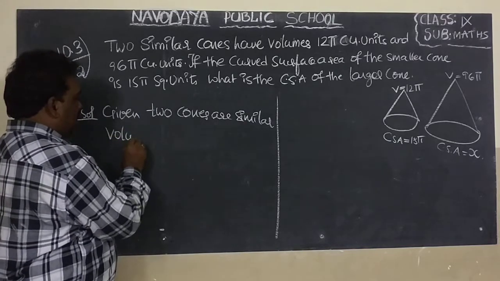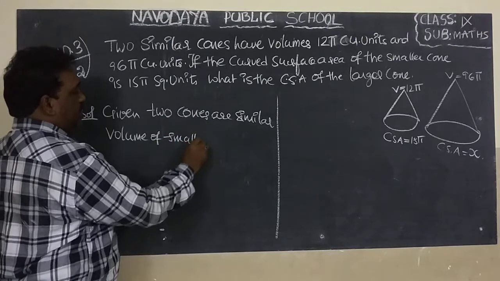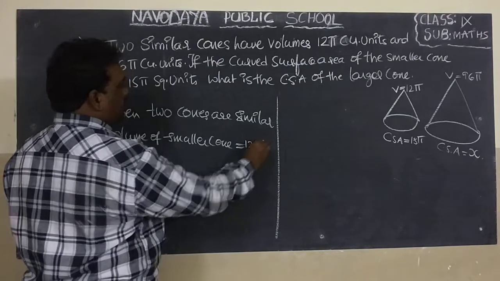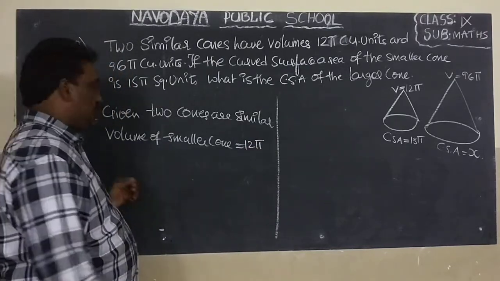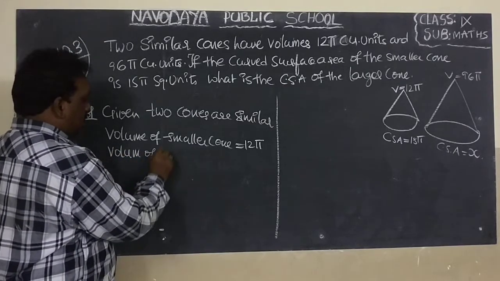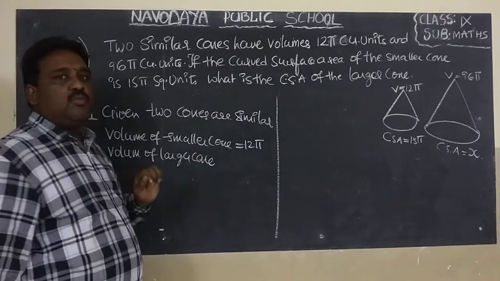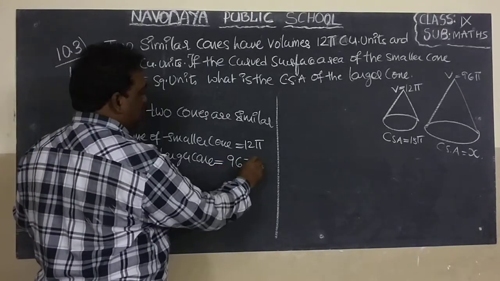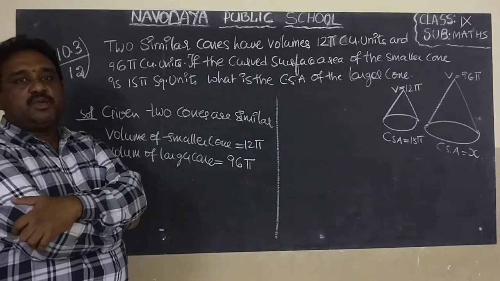Volume of the smaller cone is 12 pi cubic units. Volume of the larger cone is 96 pi cubic units.